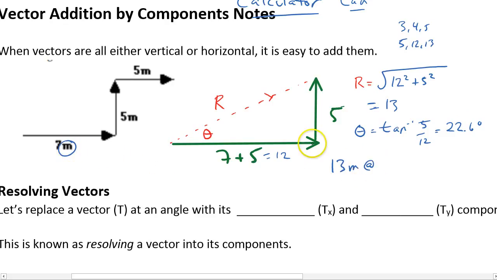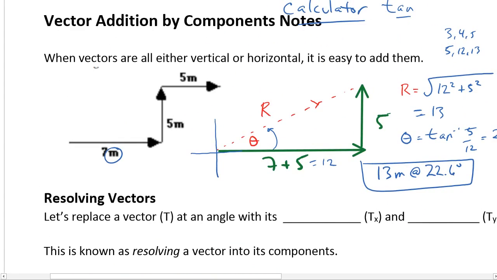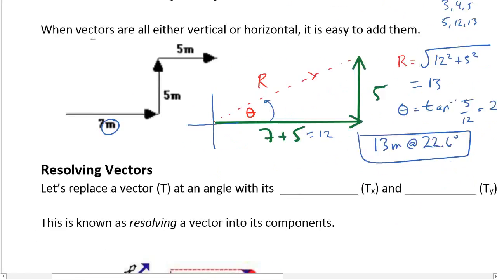Now, since this is in the first quadrant, here I'll draw my x, y grid. Since it's in the first quadrant, my theta, I don't have to add or subtract 180 or 360 or anything like that. We're good to go, 22.6 degrees. So there is our answer. Very nice.